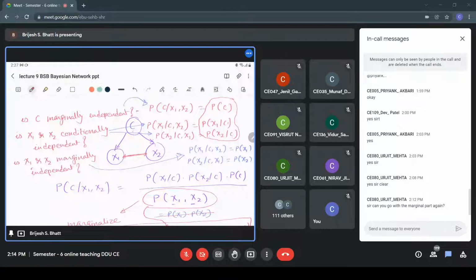But that's why we made the naive assumption, that x1 and x2 are conditionally independent given c. So marginal independence means that to calculate this probability, you don't need to look at other variables. Conditional independence means variables are independent given the value of some other variable. Right?